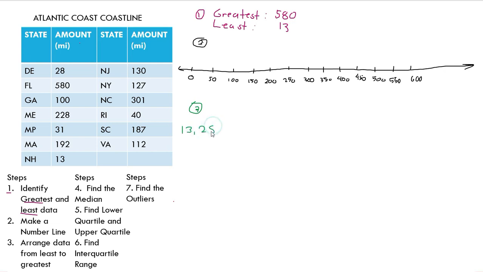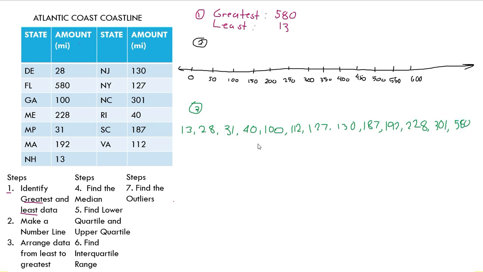Alright, so it's 13, 28, 31, and then we have 40, 100, and then we have 112, then we have 127, and then next we have 130, 187, right, so 192, and then we have 228, and then 301 and 580.